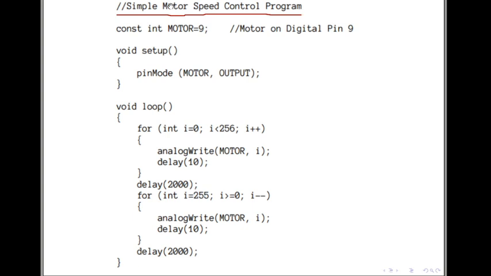Here we define a constant: we are connecting the motor at pin 9. In setup we have pinMode for the motor in output mode, and in the loop we are using analogWrite.